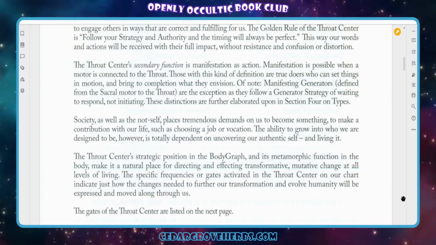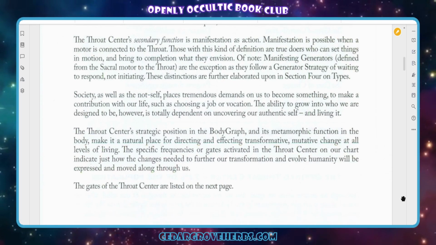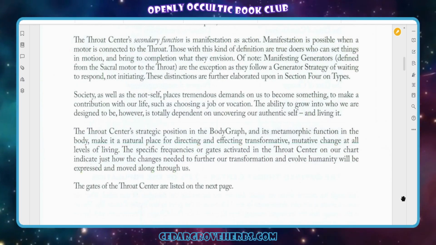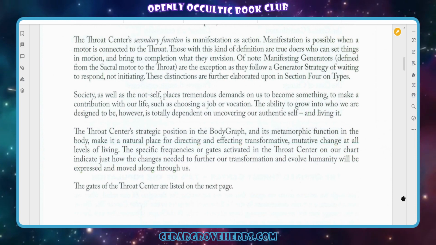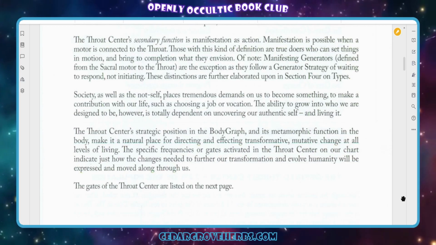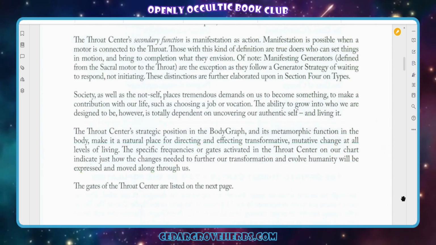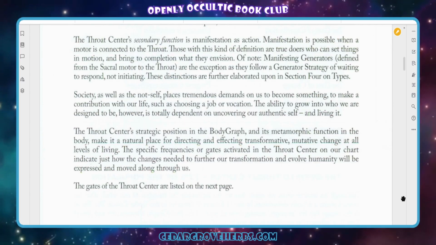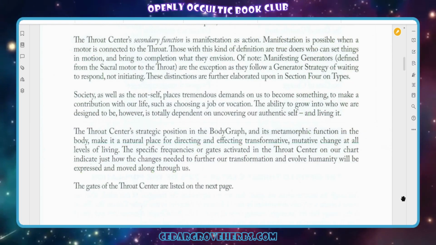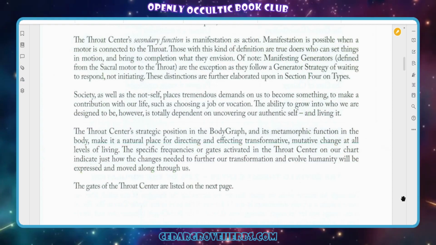The throat center's strategic position in the body graph and its metamorphic function in the body make it a natural place for directing and affecting transformative, mutative change at all levels of living. The specific frequencies or gates activated in the throat center on our chart indicate just how the changes needed to further our transformation and evolve humanity will be expressed and moved along through us.